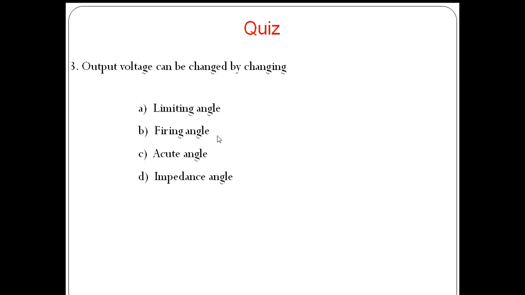Depending on the instant at which we are firing, depending on this delay angle, that is the firing angle, the output voltage will be changed. So the method which we are adopting is the phase control method. In that, the output voltage will be changed by changing the firing angle. So answer is B, firing angle control method.